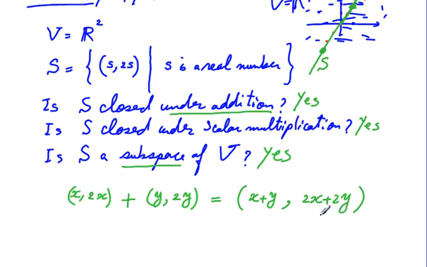What is the membership criterion? Is this a member of S? How do you decide yes or no? The second component has to be double the first component. If it has this look, its second piece being double the first piece, then it is a member. This one does have that property, because I can write the second piece as double the first piece.